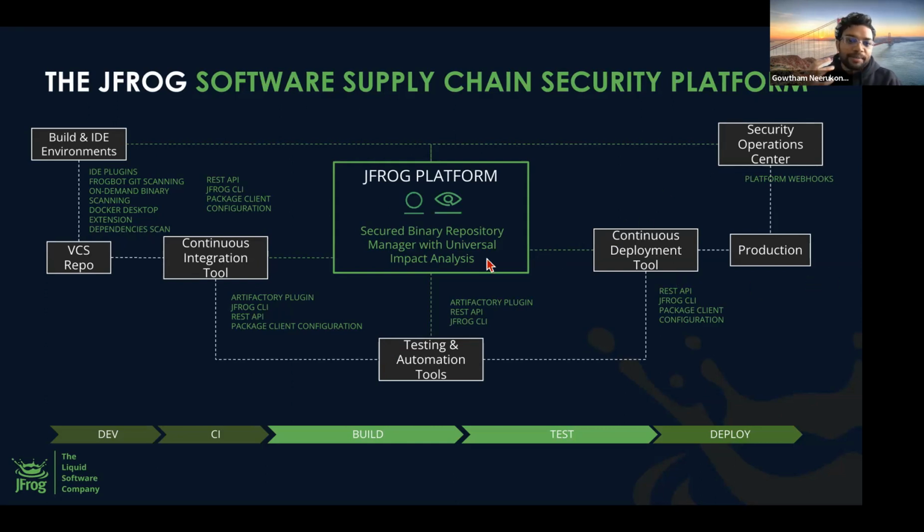So we get to capture all of this metadata, and that's where Xray and Artifactory, being part of the JFrog platform, can give you a more in-depth universal impact analysis. When a given library is found to be vulnerable, what are all the environments it is being utilized in, how heavily it is being utilized, which teams are impacted, which builds and releases are being impacted. All of this information will be readily available while you analyze this alert inside the JFrog platform UI.